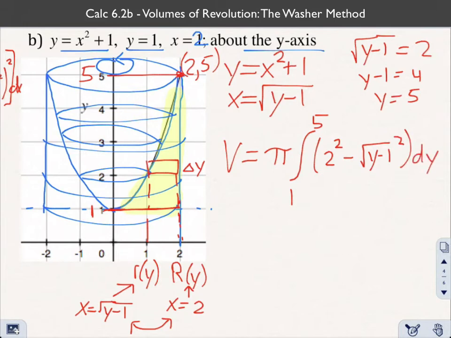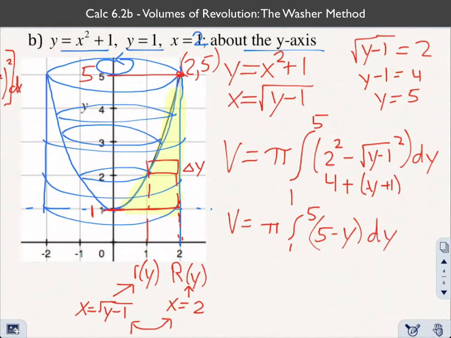And we can clean this up a little bit. So it's the integral from 1 to 5 of 4 minus (y minus 1). Okay, and if we change the signs here, we would actually get 5 minus y, dy.